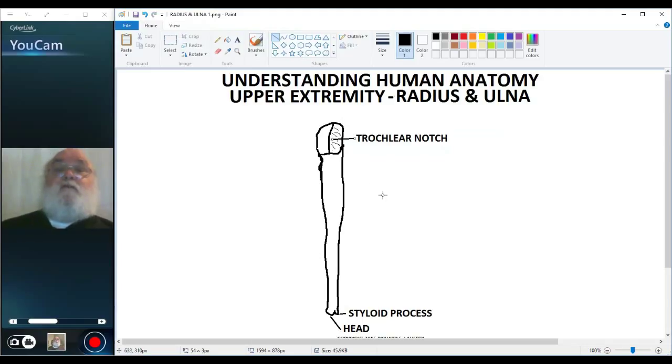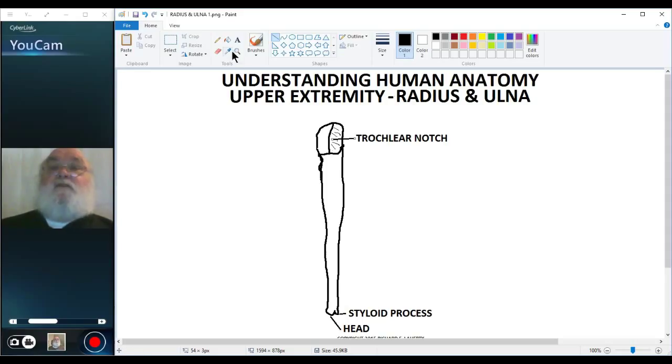So this is the trochlear notch in here. And this is a bit misleading looking at it in this view, because the trochlear notch goes deep into the screen and then up and around. It's roughly a semicircle in shape.